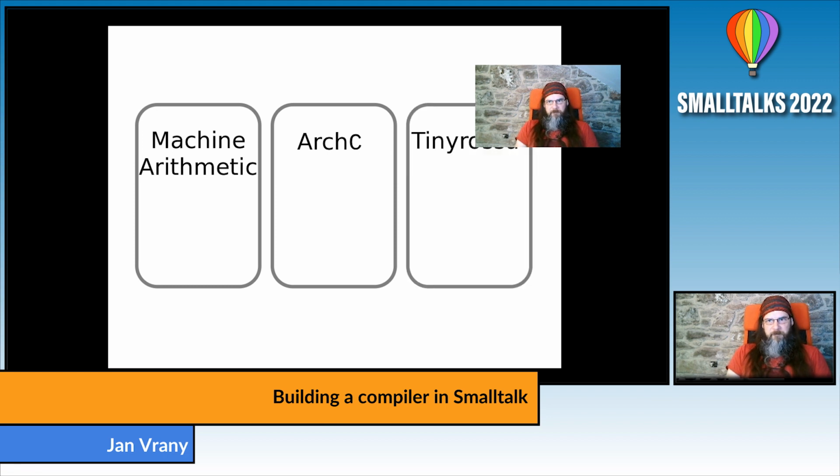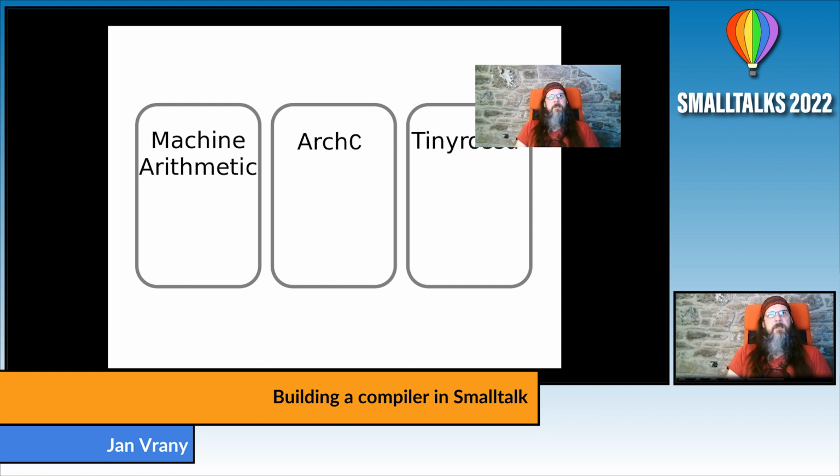And finally, there is Tinyrossa, which is a compiler that is built on both ArchC and machine arithmetic, and that's the actual thing that compiles the intermediate representation of the code into the actual machine code that can be executed.